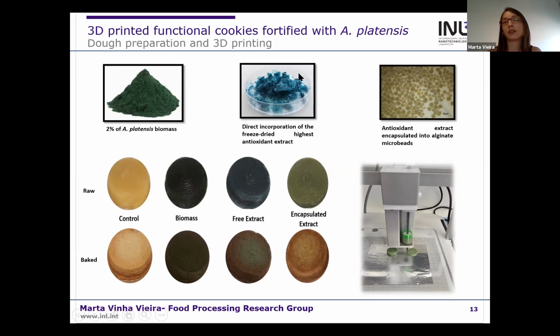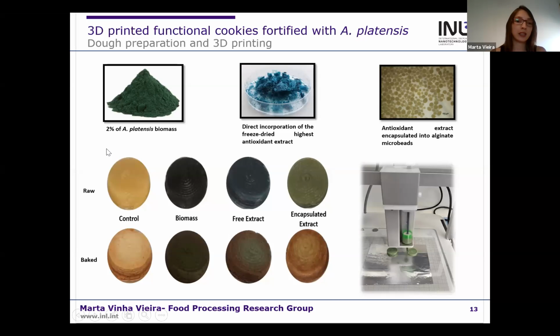Here we have the specific blue color from phycocyanin, because we used 100% water, and phycocyanin is a water-soluble protein. And a third approach was encapsulating this high antioxidant extract into alginate microbeads, aiming to protect the extract from the environmental conditions during the storage and during the processing, during the baking of the cookies.